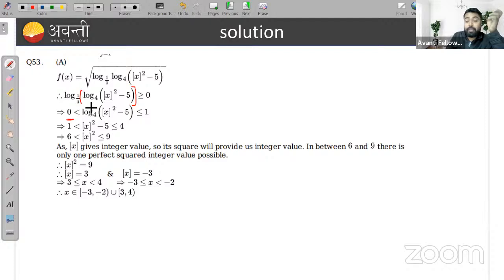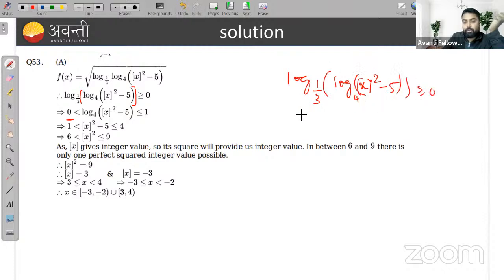And if we take the logarithmic inequality also, if you have log of 1 by 3 of log of box x square minus 5 to the base 4 is greater than or equal to 0.